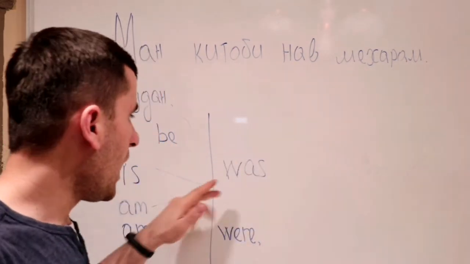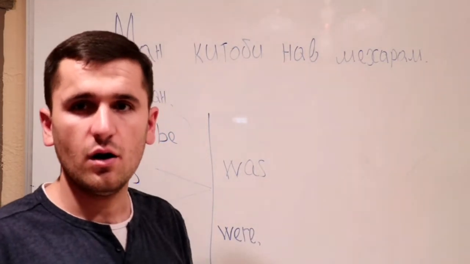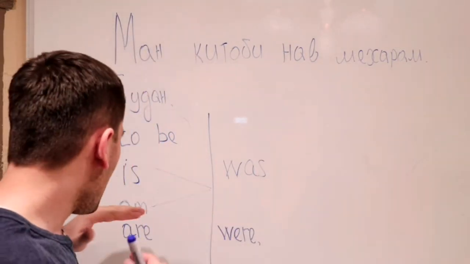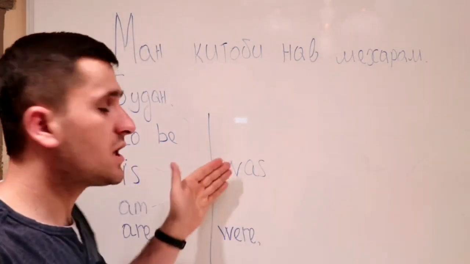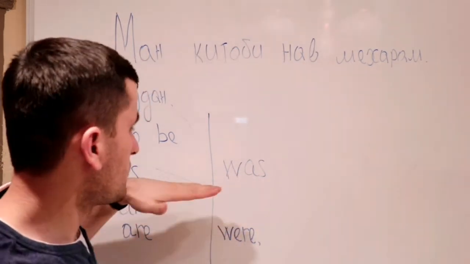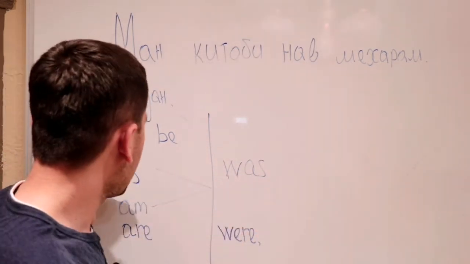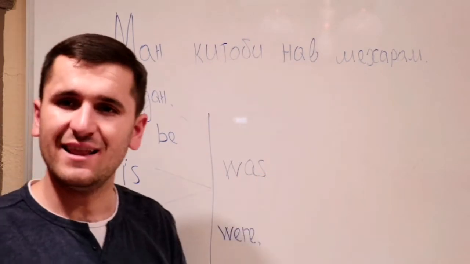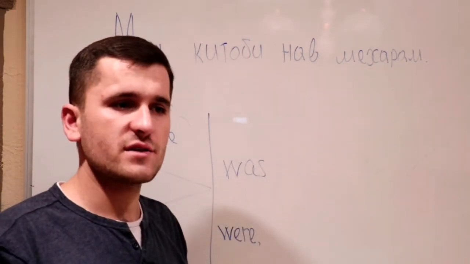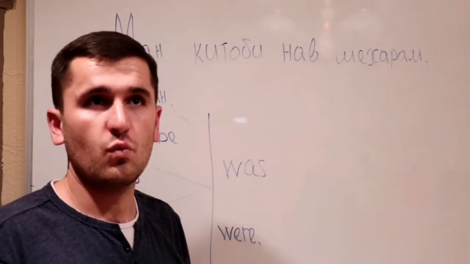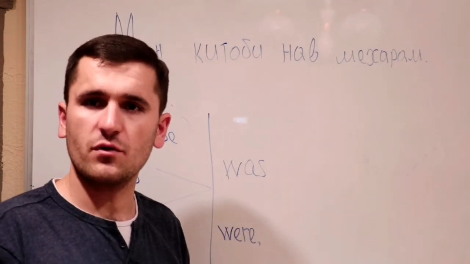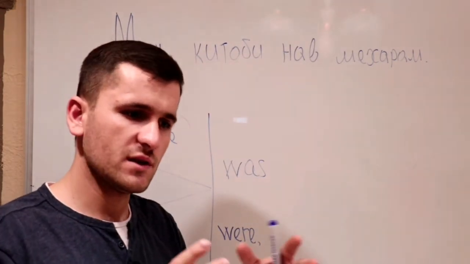So you say, I was a student last year. Or if you say he, you'll use was. He was a student last year. Or for example, he was in Moscow last month. It means last month.